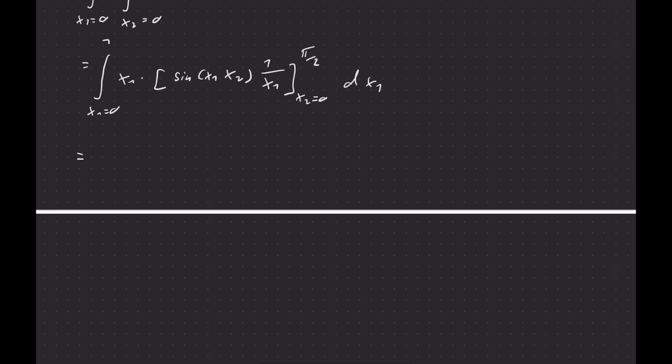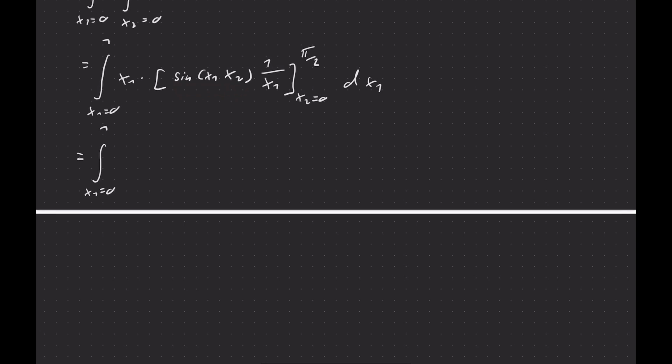Now, if we substitute those bounds here, in the integral expression, first you'll notice that x1 and 1 over x1 just cancel out. So we're just left with that sine expression.